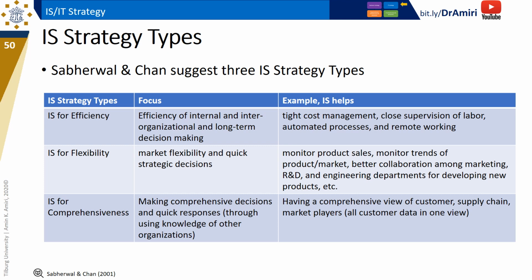So here, new business applications help us monitor product sales, monitor the trends in the market, and the sales by our rivals, and they may allow better collaboration between different functions in the organization so that as soon as the marketing department finds a new product is required, the R&D can understand the new requirements and develop a new product.